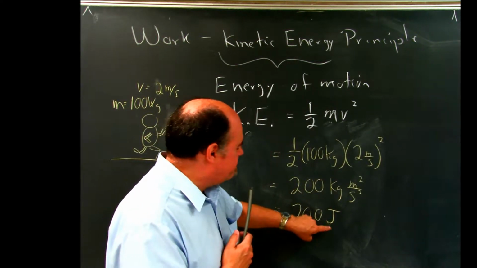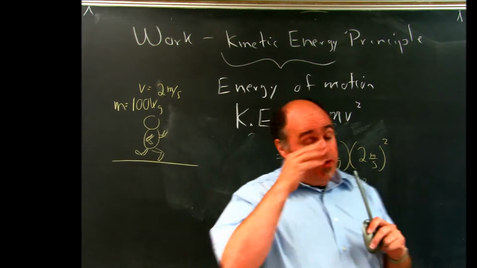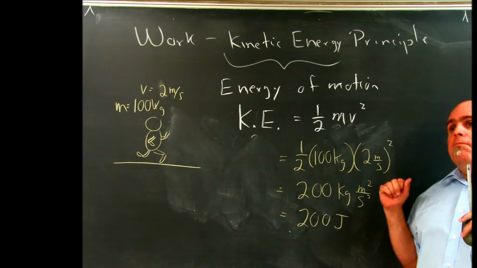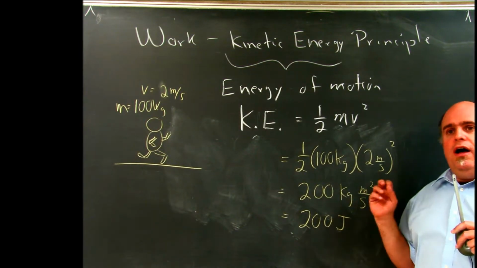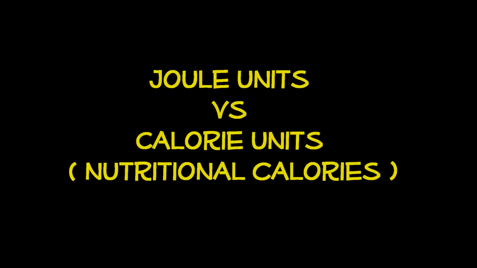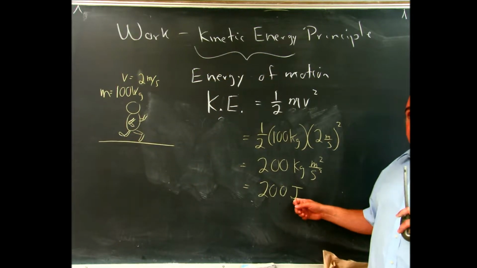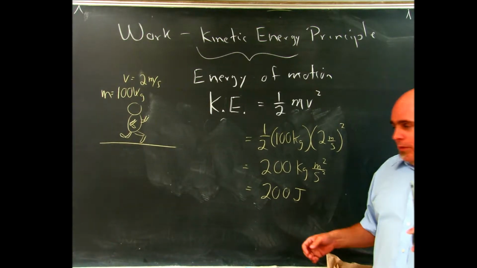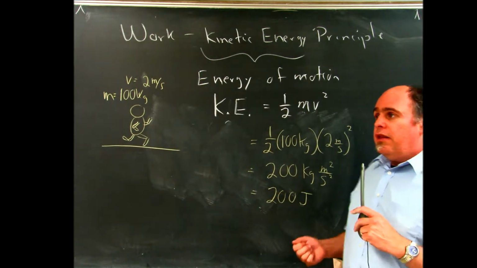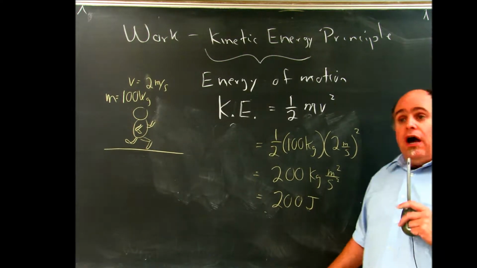So the person running with this mass and speed has 200 joules of kinetic energy, the energy of motion. That means their body is using up 200 joules of energy every single second. We don't use these units in our daily life, in my world anyway. If I buy a food package, it says how many calories are in it. Calories are a unit of energy.